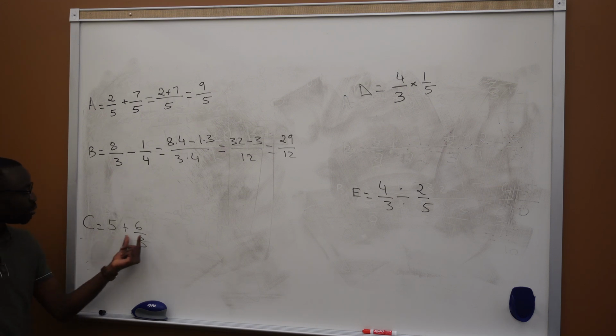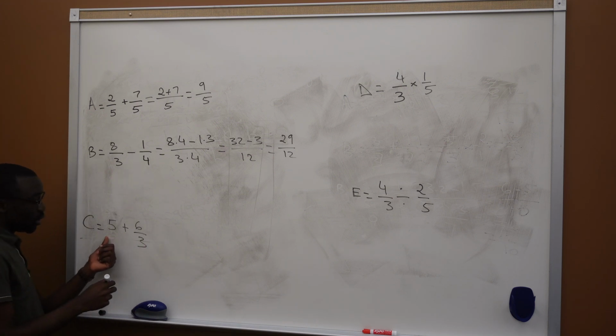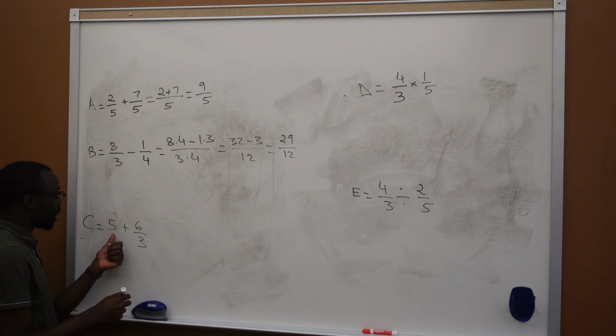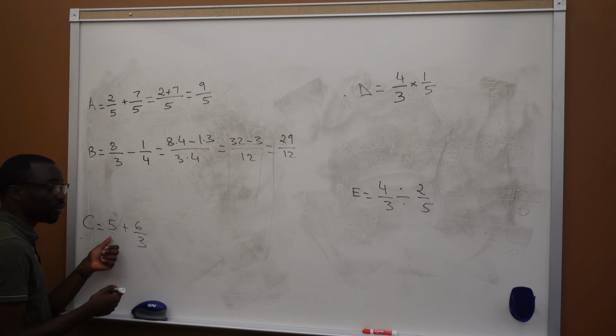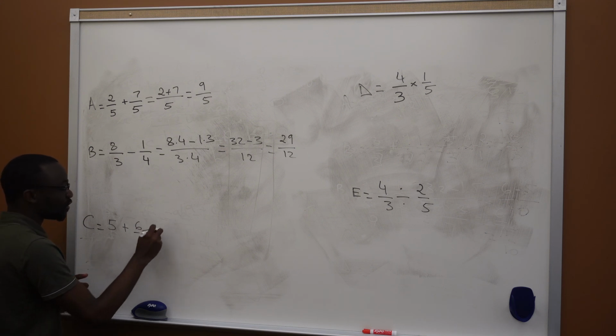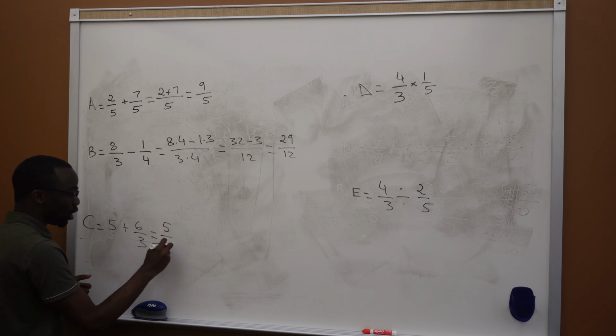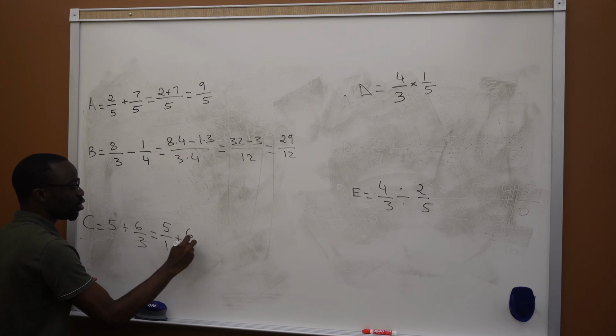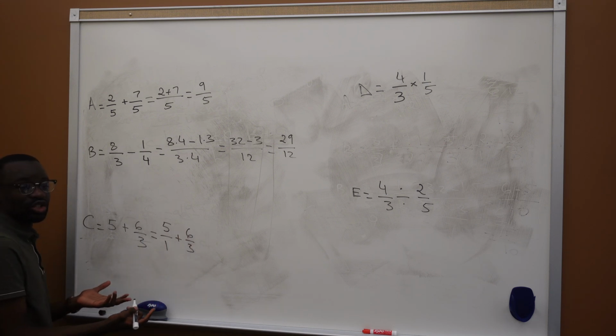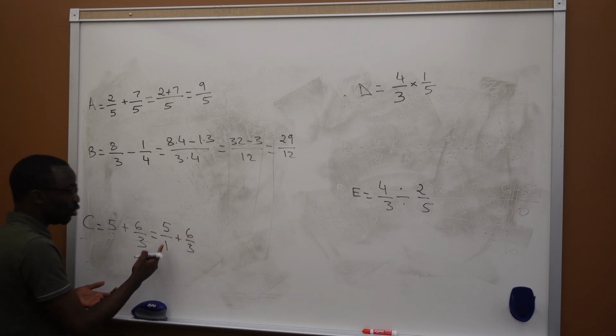How about here? Okay, you see 5 plus 6 over 3. When you have a case like that, you can rewrite it as a fraction first. But how can I rewrite 5 as a fraction? I just rewrite it as 5 over 1 plus 6 over 3. And now I have two fractions with different denominators. I know how to deal with this.